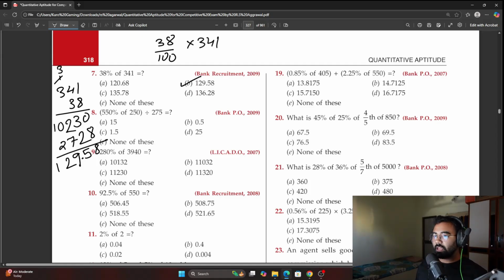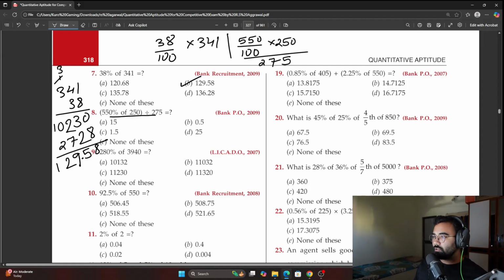As simple as that. All right, now this is a slightly more complicated calculation. This is also testing your percentage ability along with your arithmetic ability as well. So 550%, so 550 divided by 100 of 250 multiplied by 250, and then you need to divide this whole thing by 275. This is the question.